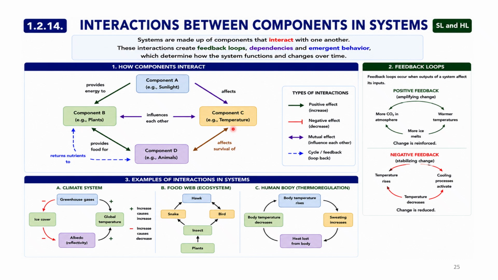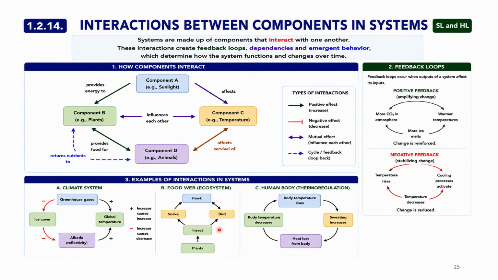Some interactions increase a process, some reduce it, while others involve mutual influence or complete feedback cycles. Feedback loops are especially important. Positive feedback amplifies change. For example, rising temperatures melt ice, reducing Earth's albedo, so more solar energy is absorbed, leading to even greater warming.